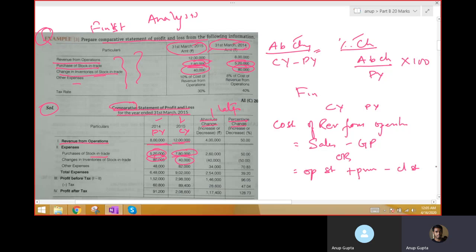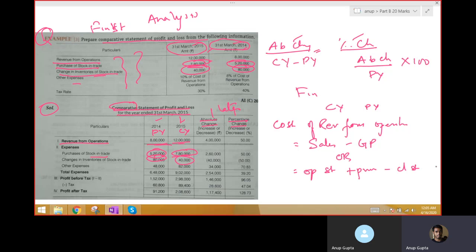I repeat, cost of revenue from operation has two formulas: the first is sales minus gross profit, and the second is opening stock plus purchases minus closing stock.